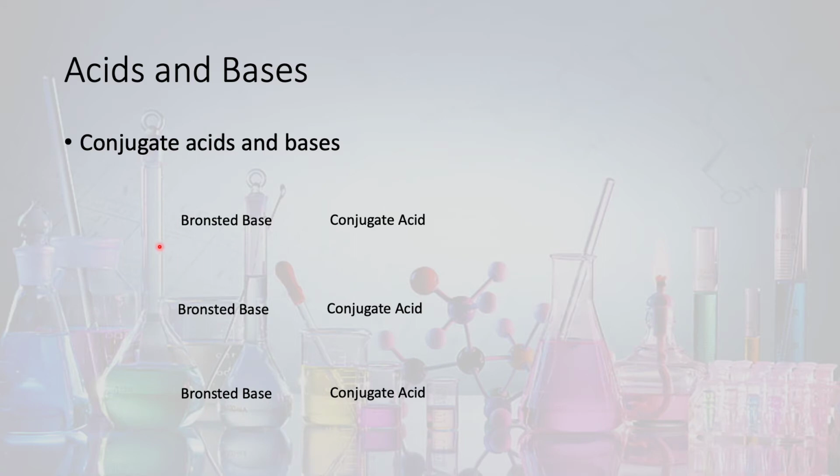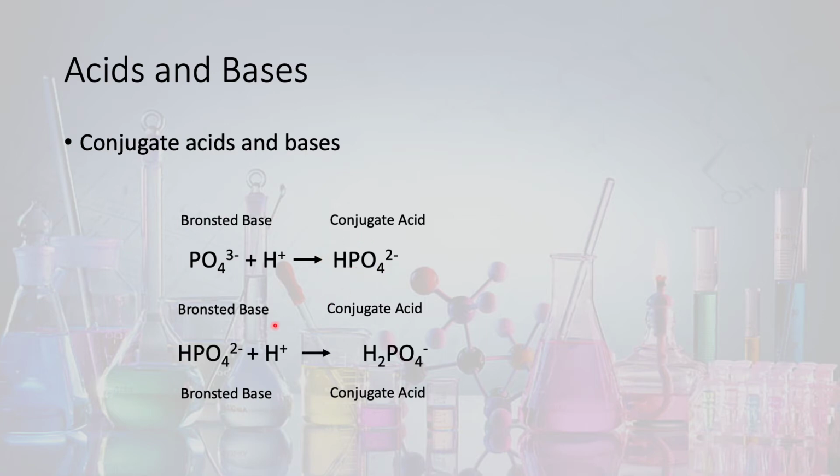Now let's try this in reverse so we can associate Bronsted bases with their conjugate acid. So if we start with our PO4 negative 3 and it picks up a hydrogen ion, or a proton, this Bronsted base has a conjugate acid of HPO4 negative 2. If HPO4 negative 2 is placed in water under the right circumstances, it can pick up an additional proton and become H2PO4 negative.